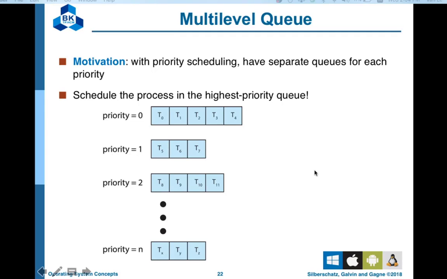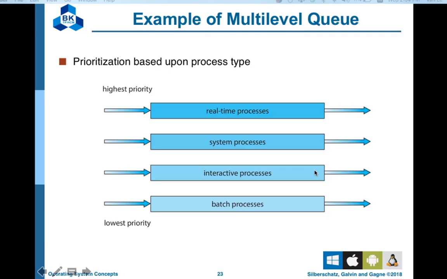For example, here we have the real-time processes with the highest priority, the system processes, the interactive processes, and the last one, the batch processes.